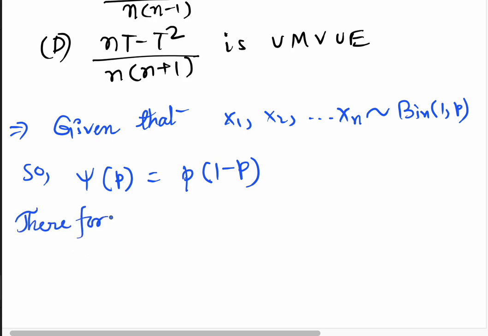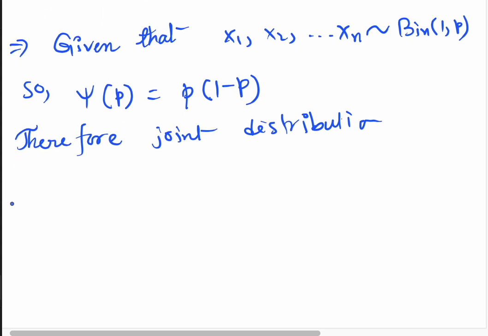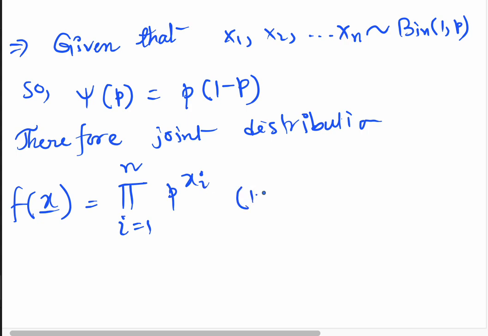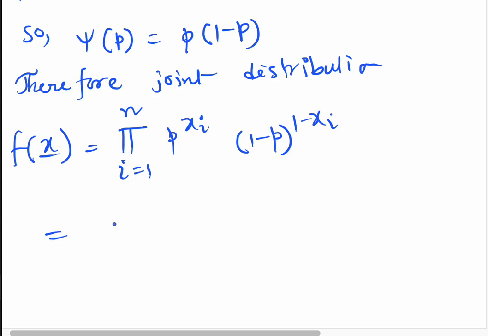Therefore the joint distribution f of x will be product i equal to 1 to n p to the power xi into (1 minus p) to the power (1 minus xi), that you can write as p to the power summation of xi, i equal to 1 to n, (1 minus p) to the power n minus summation of xi.